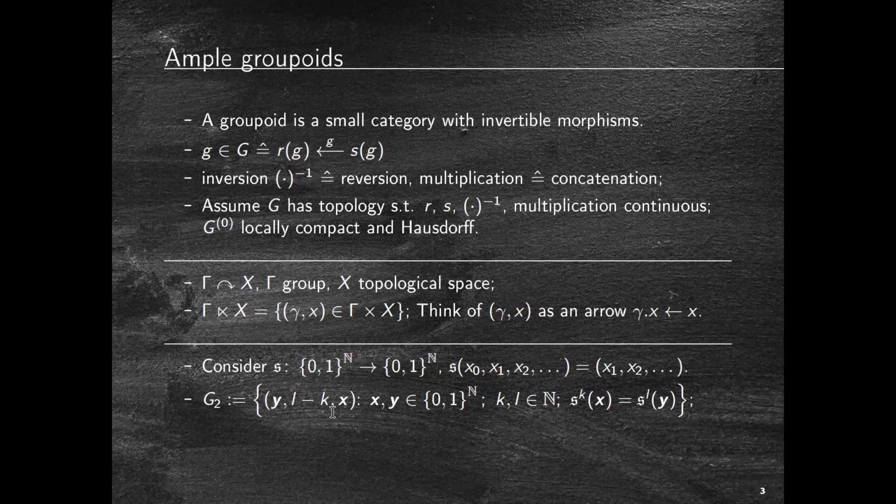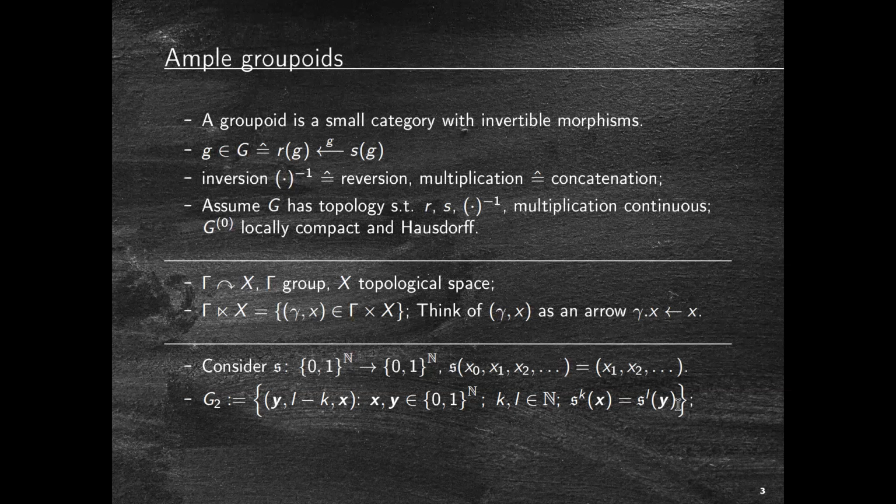The requirement is that you can write this integer as a difference of two natural numbers, K and L, with the property that if you shift your first point X by K and the second point Y by L, then you get the same infinite sequence. And so the idea is that this groupoid captures what's called a shift equivalence of infinite paths: up to finite shifts, you actually look at the same path.